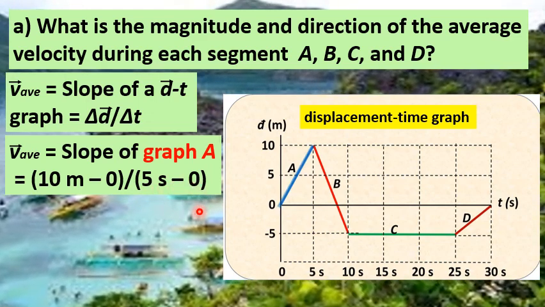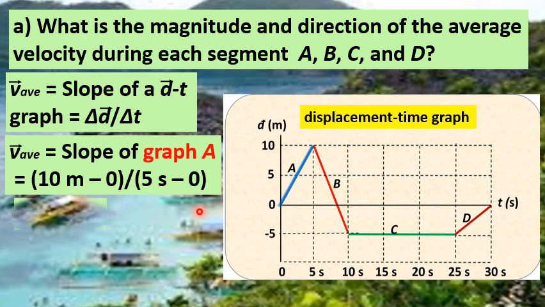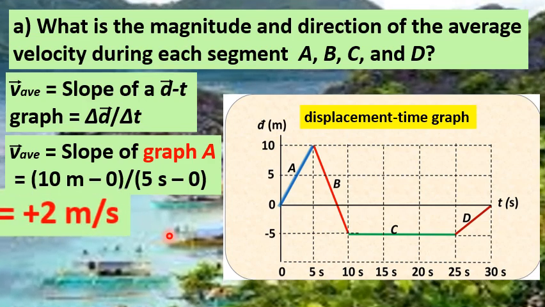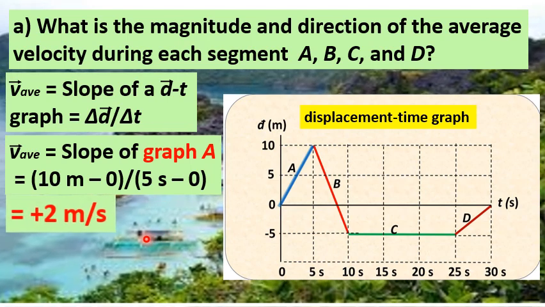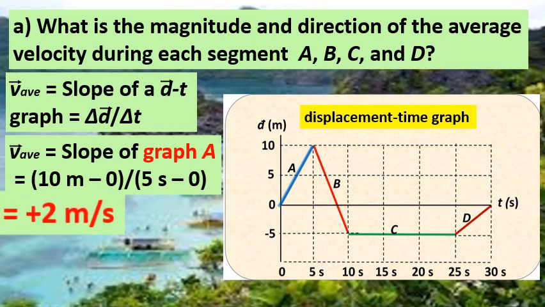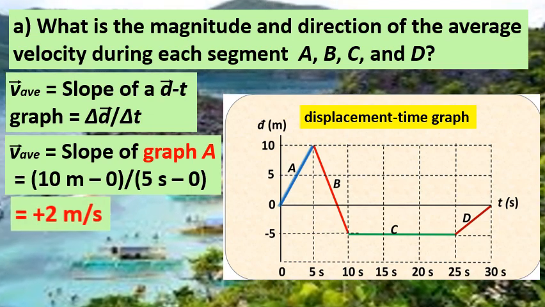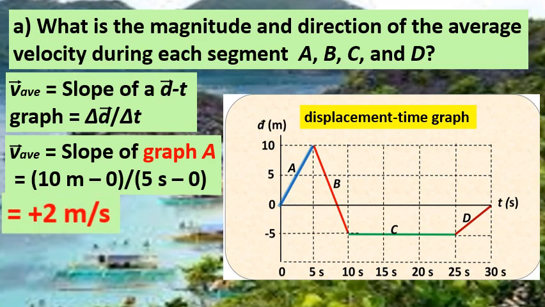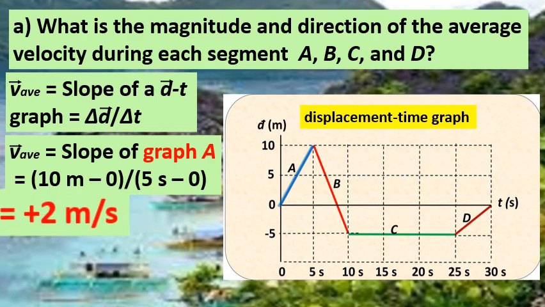Doing our math, we get the average velocity of the particle represented by graph line segment A, and that is equal to positive 2 meters per second. This means that the particle is moving constantly at 2 meters per second in the forward direction.